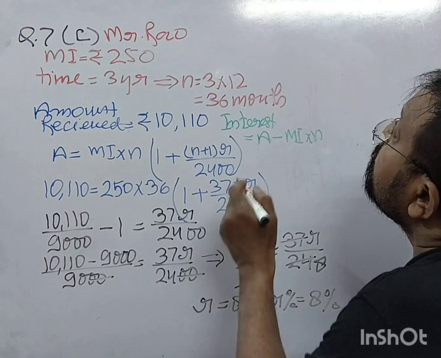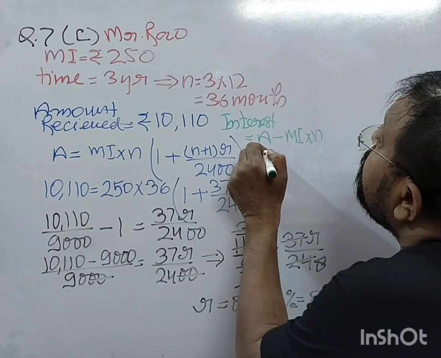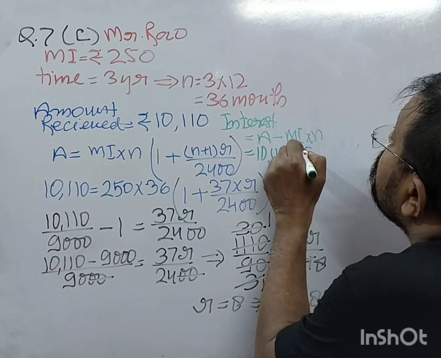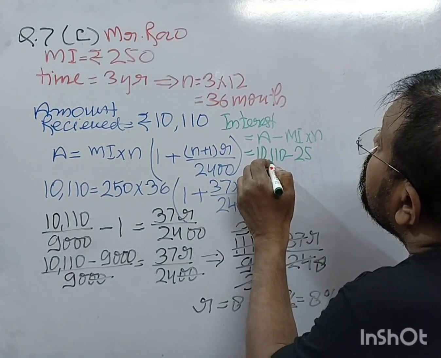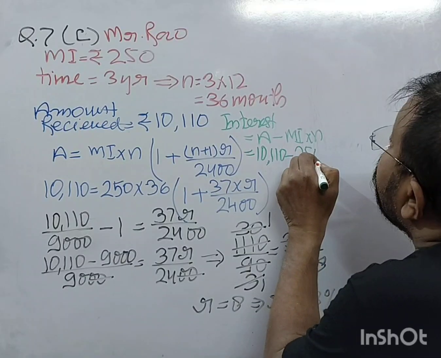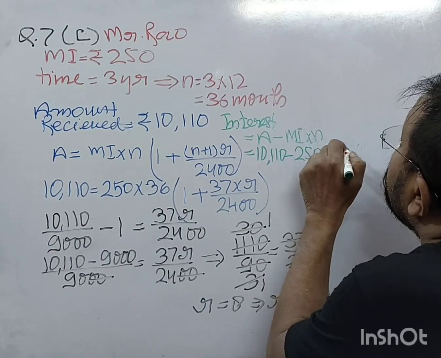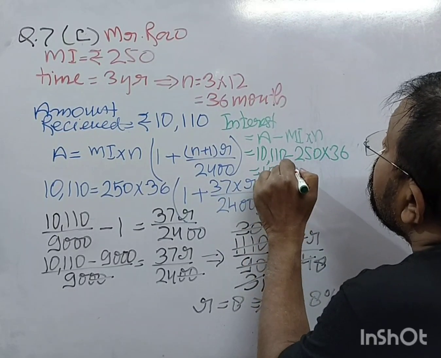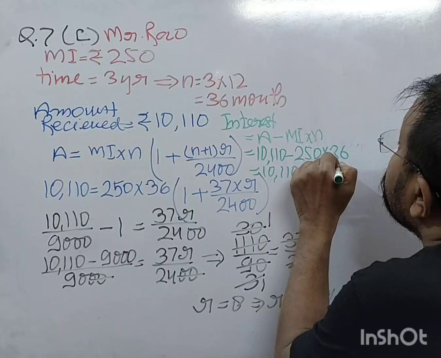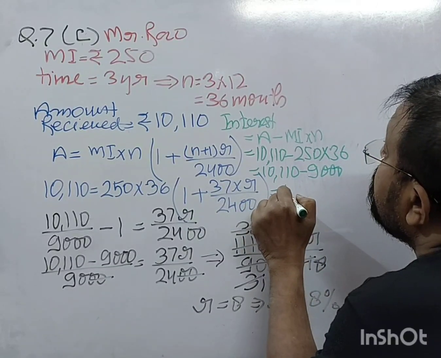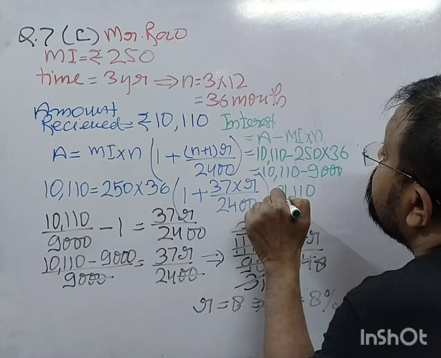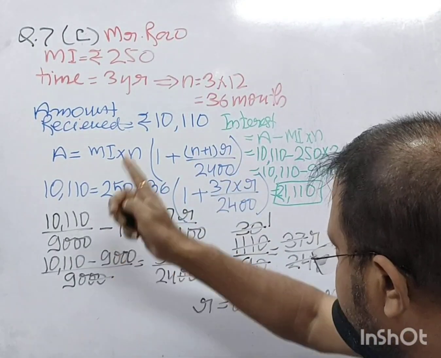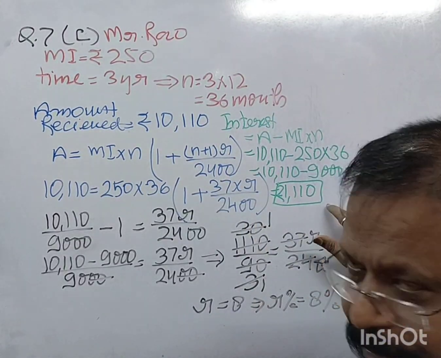So the amount is 10,110 minus 250 into 36. So it is 10,110 minus 9,000. What happens? It is equal to 1,110 rupees. This much interest she gets at this rate, right? You make a note of it.